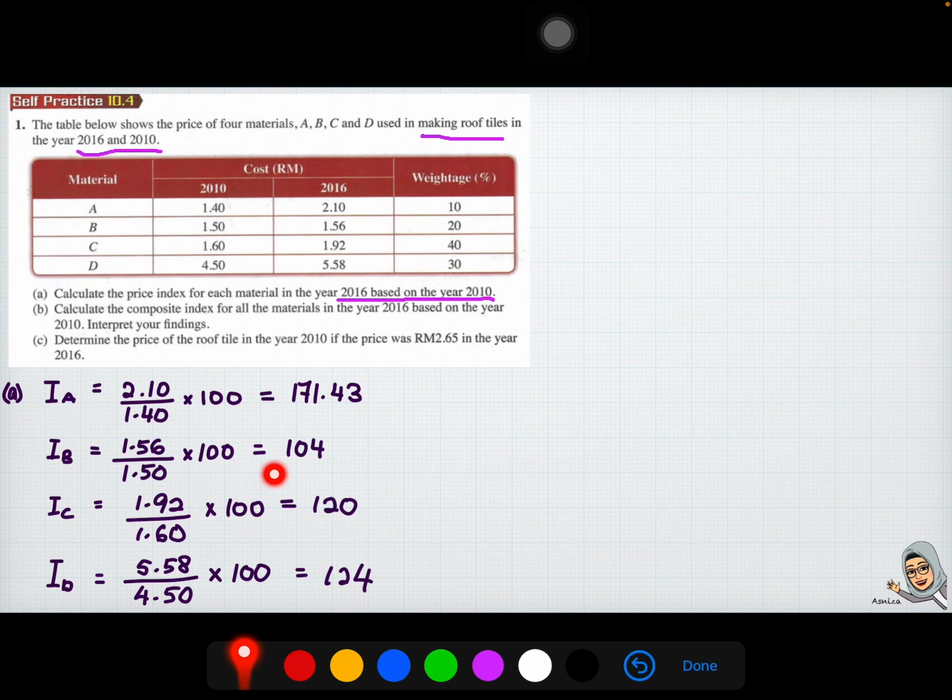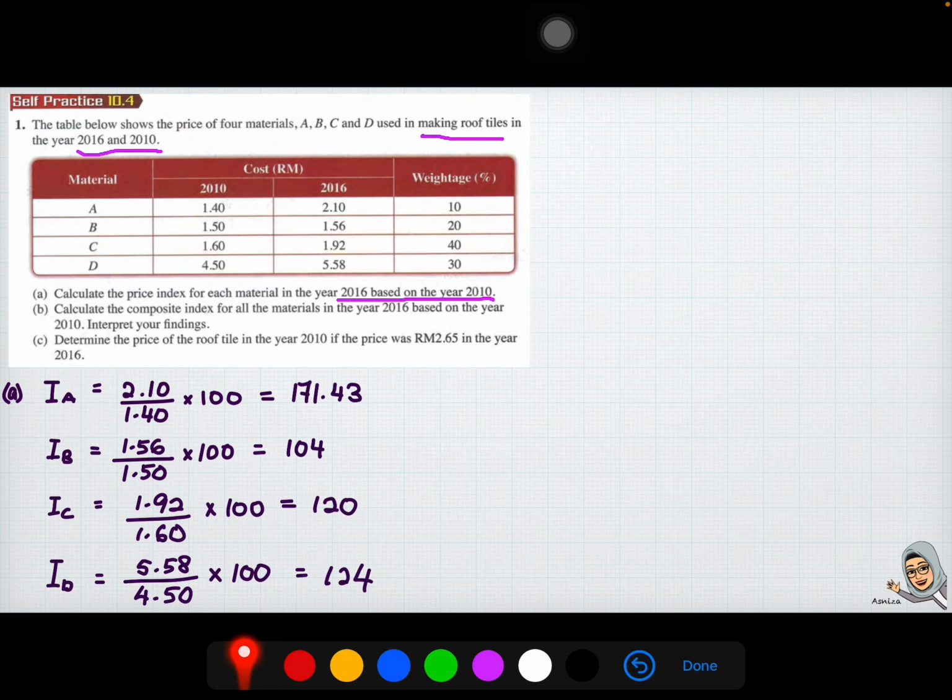So for B, we have 104. For C, finding the ratio times 100, we have 120 as the price index. And then for material D, we have 124. So now we have answered A, finding the price index for each material.